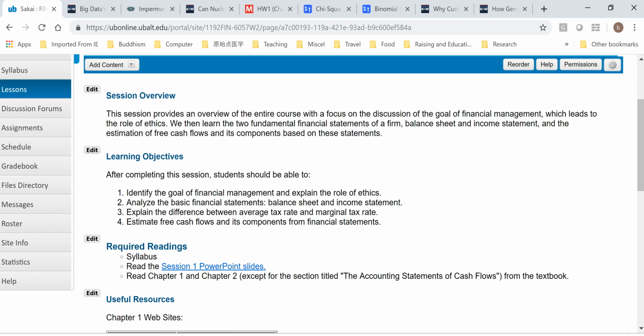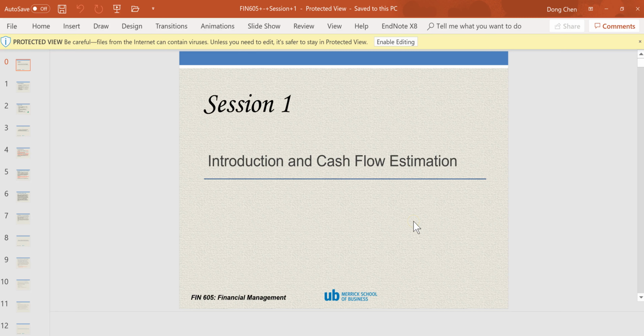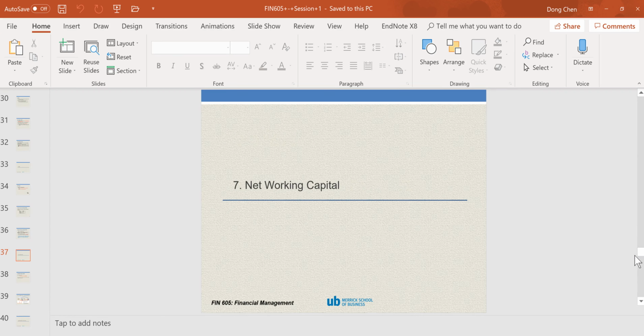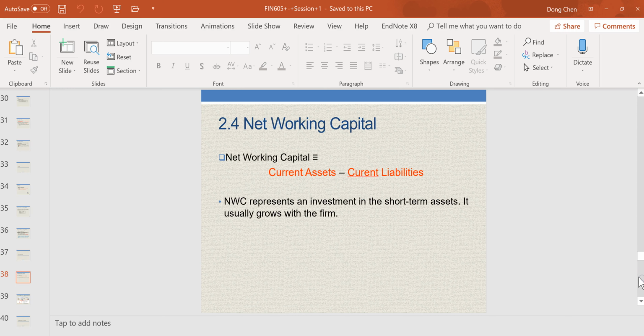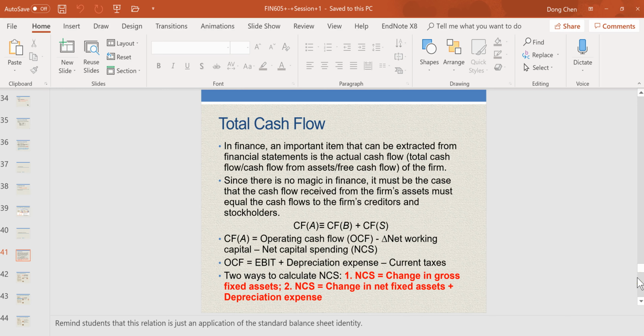we can see that the cash flow from assets is simply not the sum, but the difference between the operating cash flow and the change in net working capital and the capital spending.